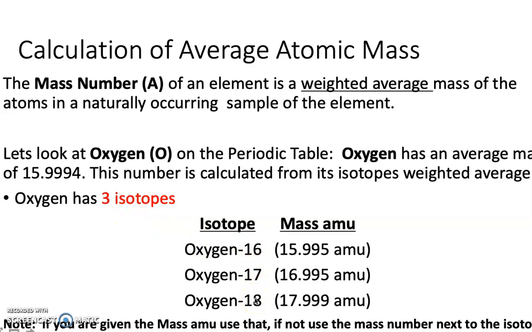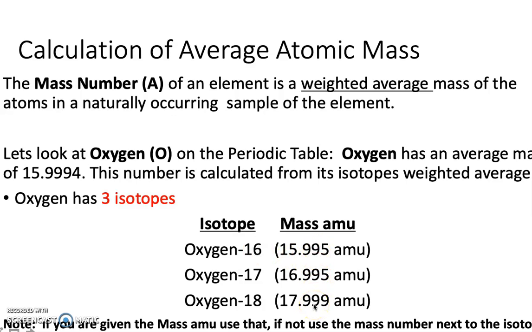Now, you have to be very careful with these. Sometimes they come, and most of the time, with the atomic mass unit, the actual mass of the single atom. Or you can get the rounded number from the mass. What we did with the isotopes, we were using the rounded, but now we're getting more precise with these numbers.